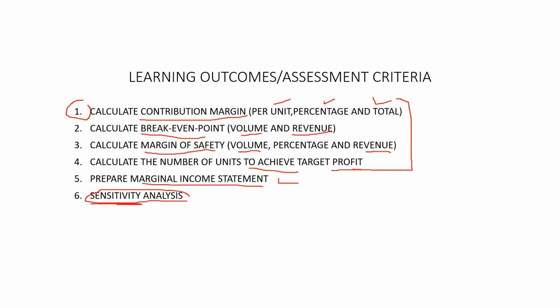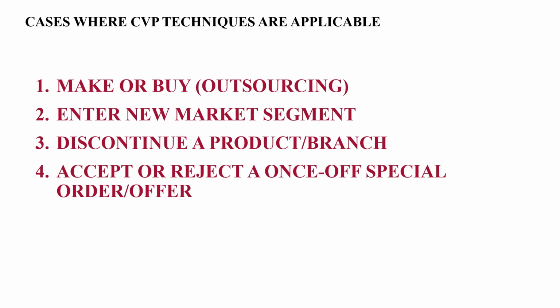We want to know how sensitive our profit is to a change in selling price, a change in number of units sold, a change in fixed cost, and a change in our variable cost. Those are the most important things that you must learn, because you will be assessed on them during the test.